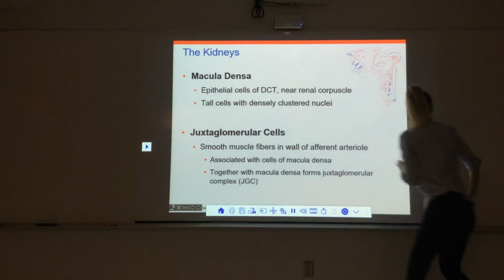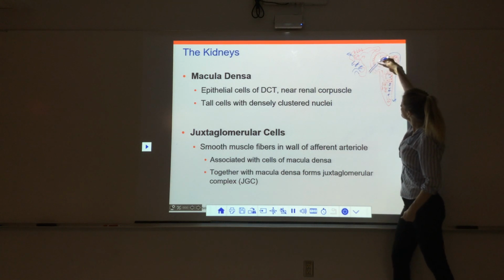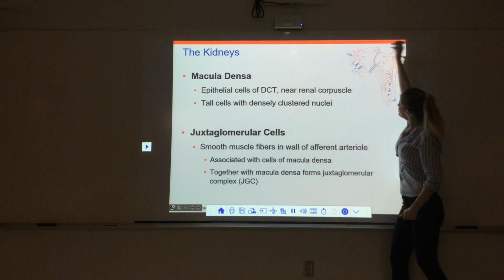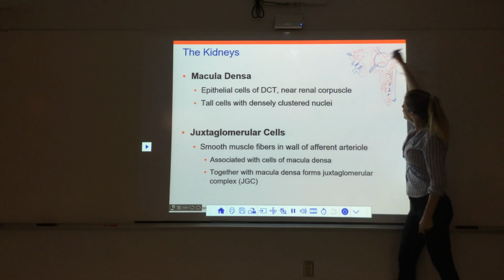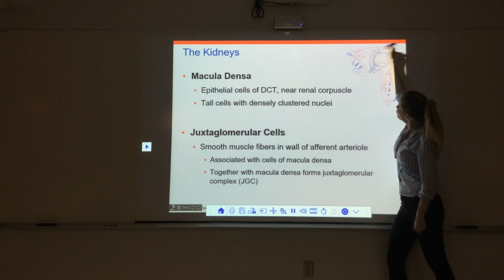That's what I drew right up here. So this is the afferent arteriole, right? That's the efferent arteriole. And this distal convoluted tubule, we said, passes between the two.